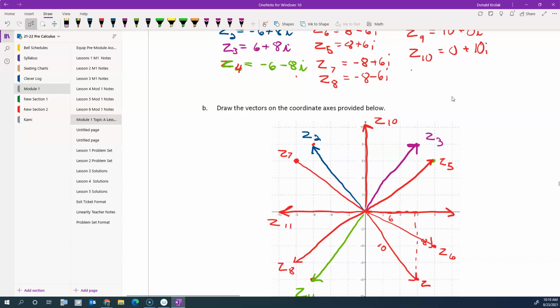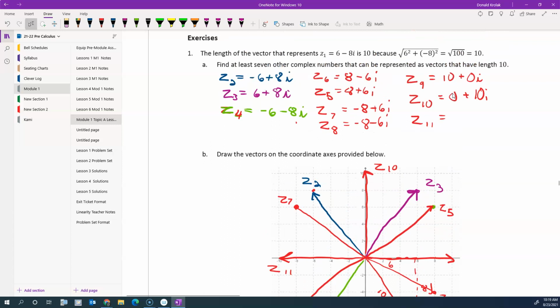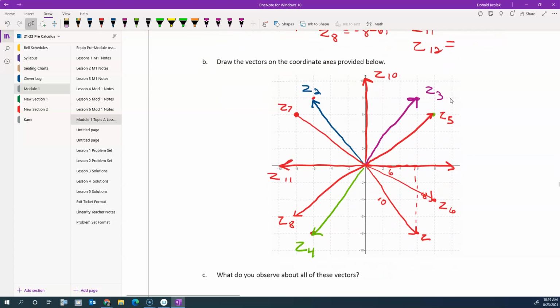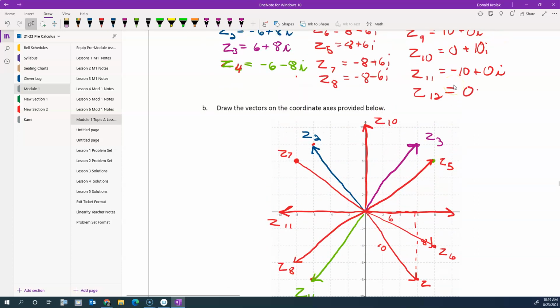Z11 would be negative 10 plus 0i. And then the last one would be 0 minus 10i.